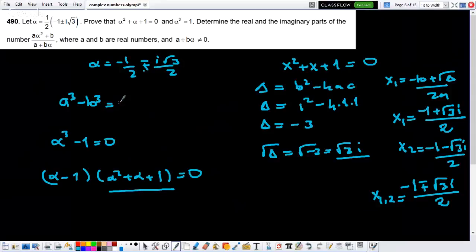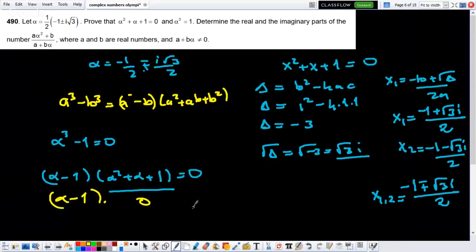A cube minus b cube, you know that one, is a minus b times a square plus ab plus b square. So if this is equal to 0, then alpha minus 1 times 0 is going to be equal to 0.